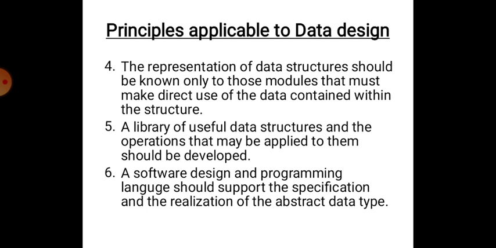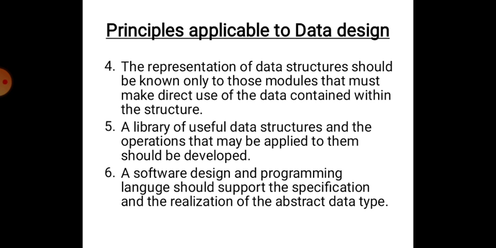Principle number 4: the representation of the data structure should be known only to those modules that must make direct use of the data contained within the structure. This is very important. That is, the data structures for the different modules should be known only to those for which it is required. Point number 5: a library of useful data structures and the operations that may be applied to them should be developed.